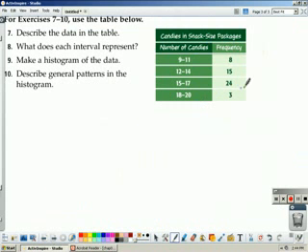So I want you to take a look, and raise your hand when you think you understand what this table is telling us. I need you reading the graph and understanding what the table is telling us. When you know, raise your hand.